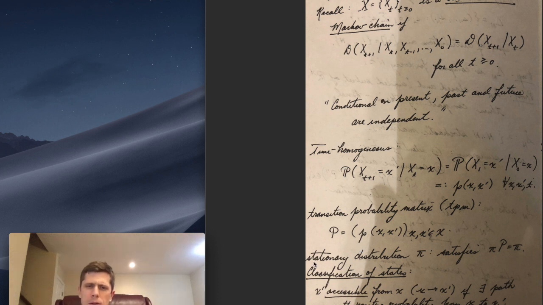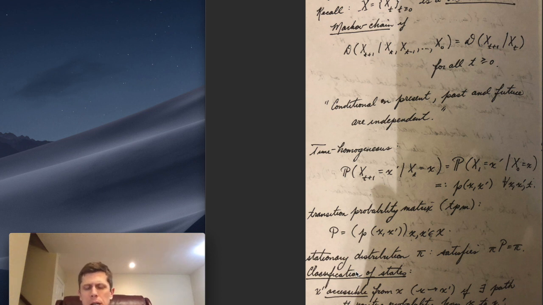And a probability distribution pi is called stationary for this Markov chain if it's invariant under transitions by this matrix. So think about if I were to start in a random state according to a distribution pi, and then I make a transition to the next time through this transition probability, then the marginal distribution of the next state that I visit is still distributed according to pi, and so it's stationary.